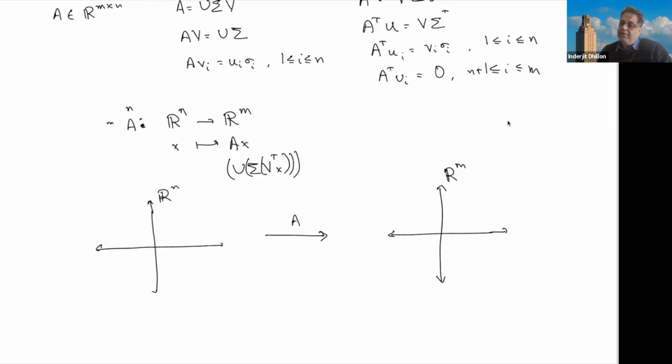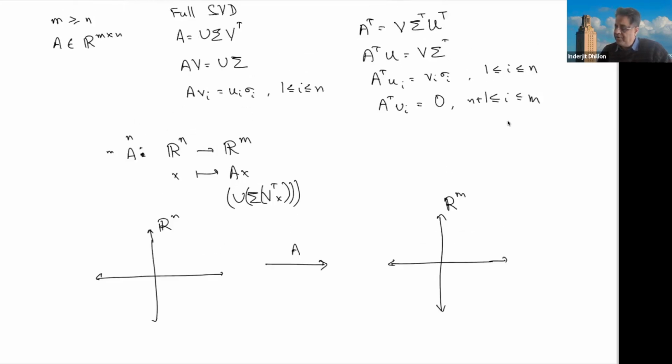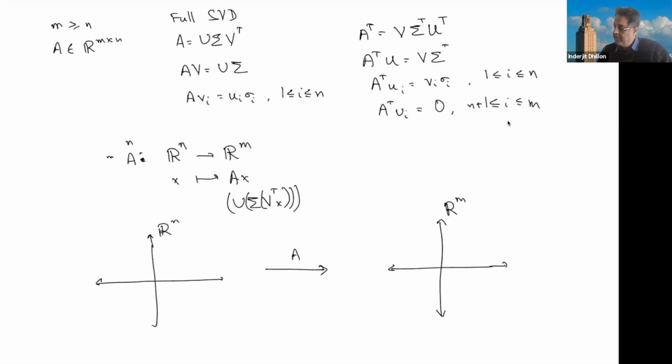And what we just saw, for example, is that A times V is equal to U times sigma. So for example, if I have V1, a unit vector, so it's on the unit sphere.